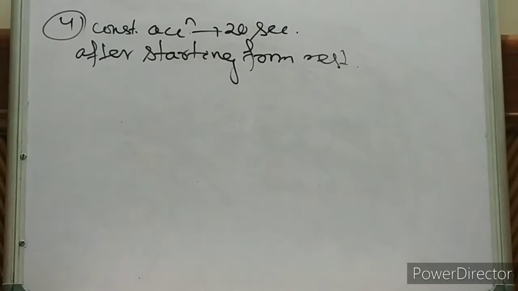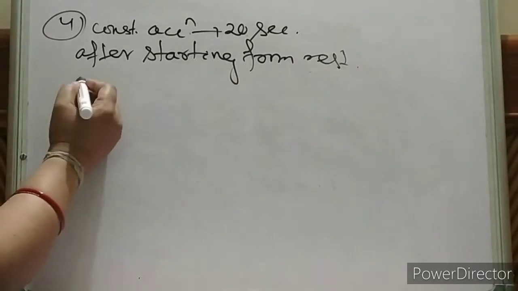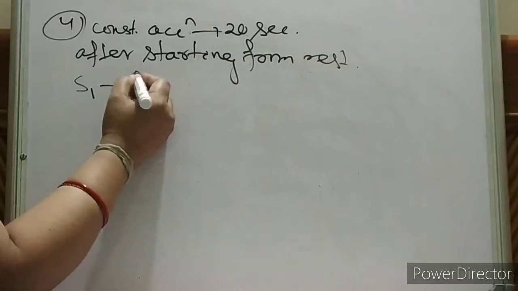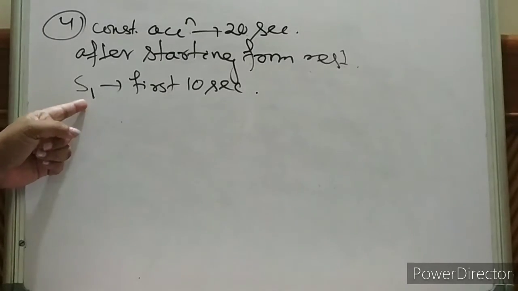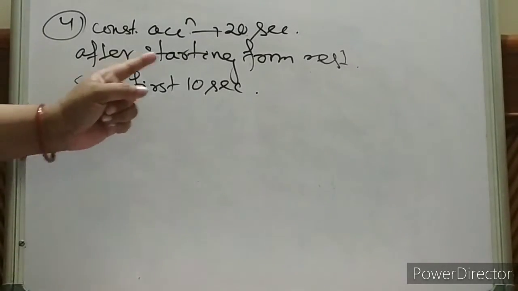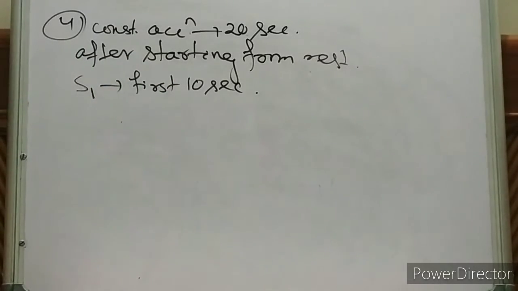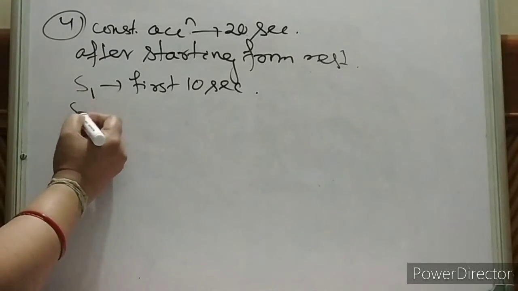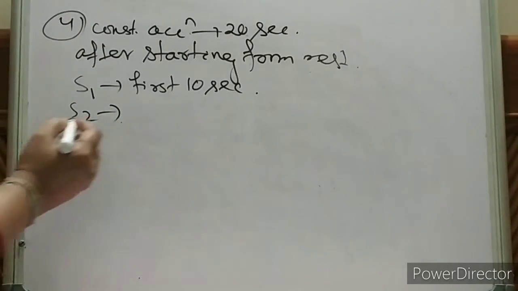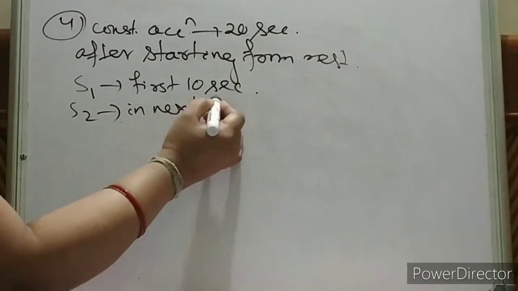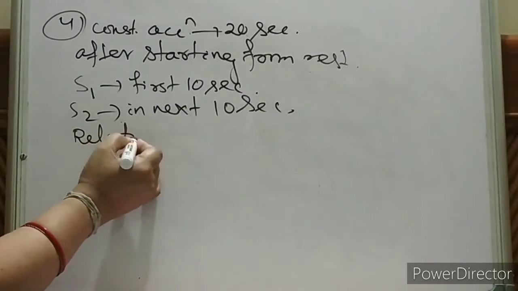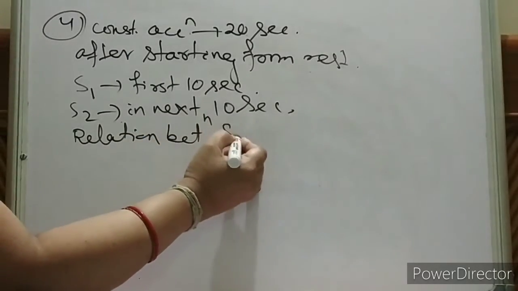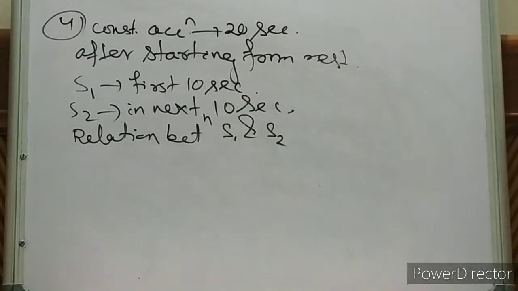Initial velocity is given. If the particle travels a distance s1 in first 10 seconds, and a distance s2 in next 10 seconds, then find out the relation between s1 and s2. Okay, please write it down.